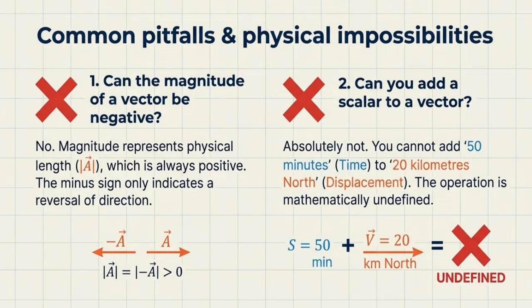For example, adding a time duration like 50 minutes to a displacement such as 20 kilometers north doesn't make sense mathematically because they represent different kinds of quantities. This operation is undefined because they aren't compatible units, so this kind of addition isn't allowed. These points are important to keep in mind to avoid confusion in calculations involving vectors.